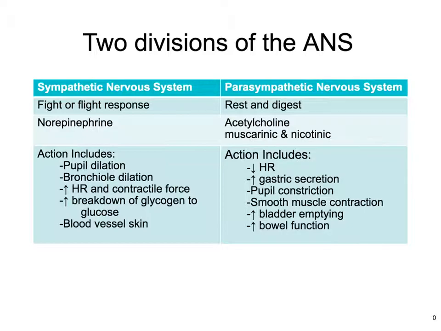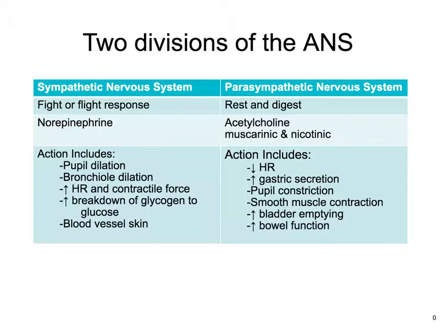There's two kinds of receptors. We have the muscarinic, which stimulates smooth muscle and gland secretion, and decreases the heart rate and contractile force of the heart. Then you have nicotinic, which stimulates smooth muscle and gland secretion.